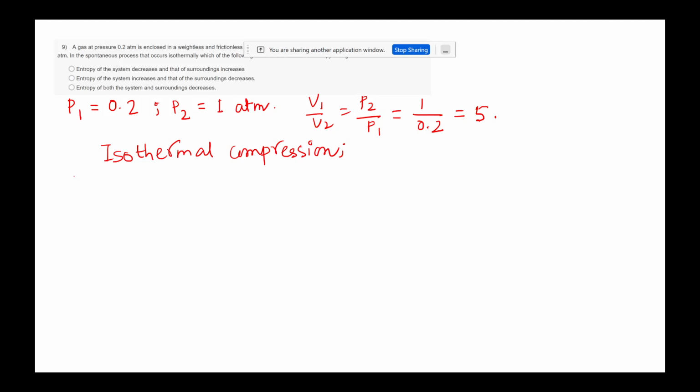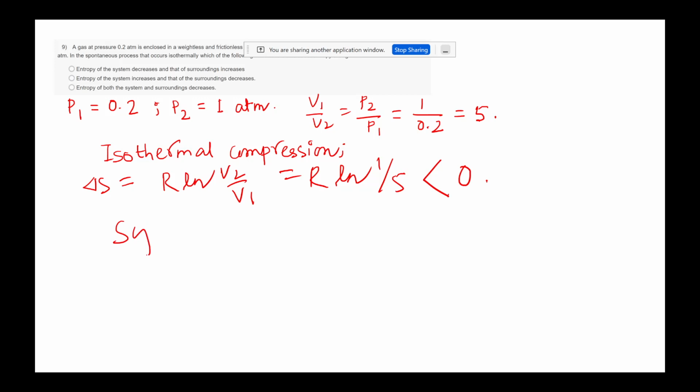Now we got the expression of entropy: delta S is R ln V2 by V1, that is R ln 1 by 5, and it is less than 0. So the system entropy decreases.